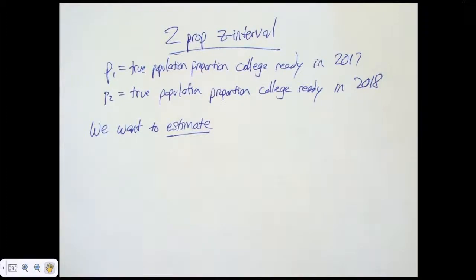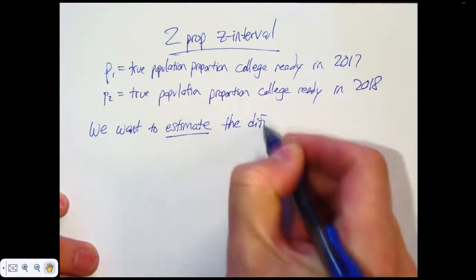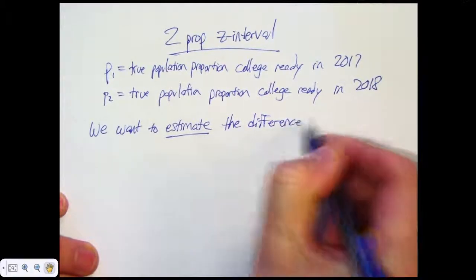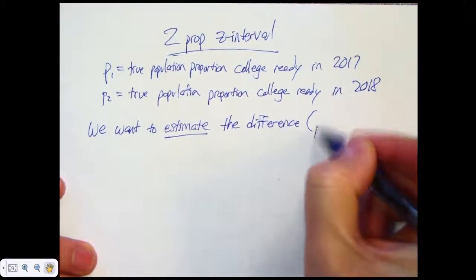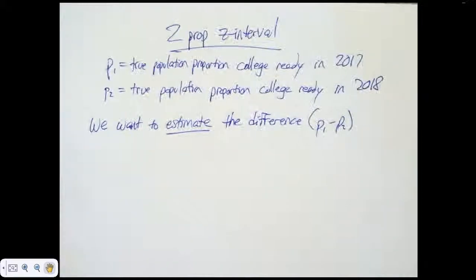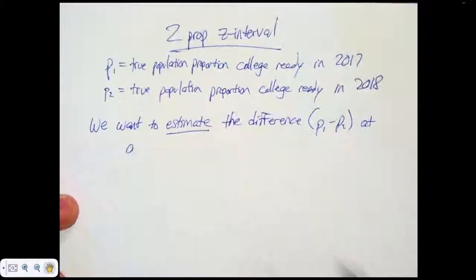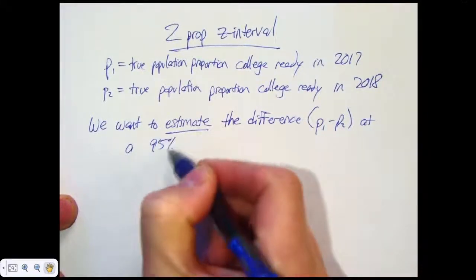So we want to estimate, not find. The difference, and then you're going to choose which order you're doing it in. I'm going to do P1 minus P2. You don't have to. Everything would just be flipped for you if you did it the other way. At a 95% confidence level.